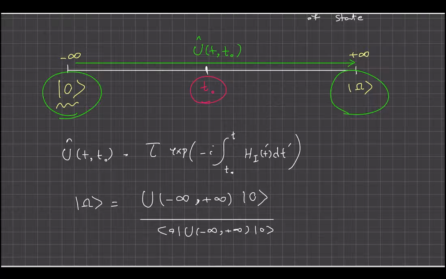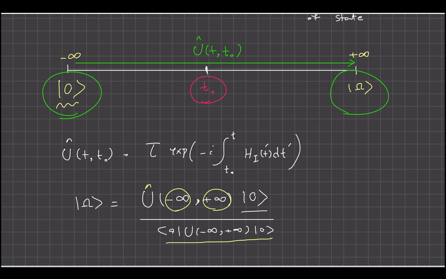So this is the definition of how we can get the state omega from 0. Basically, get the state 0 and then evolve it with this particular Hamiltonian from minus infinity to plus infinity, and then normalize it by the expectation value of that operator.